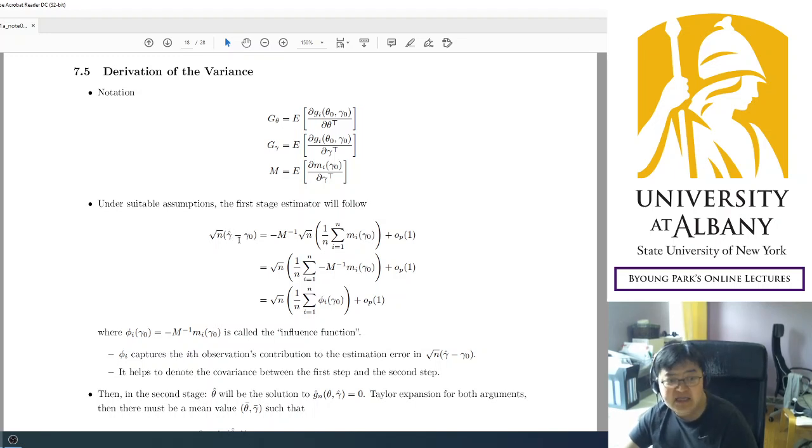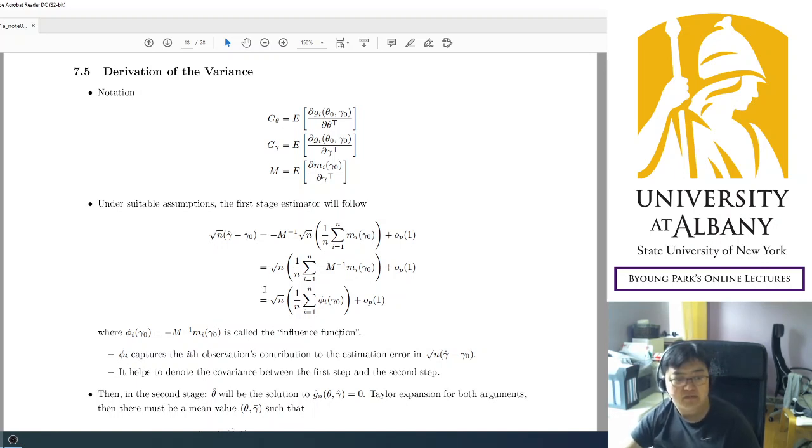So the estimation error is approximately the sample average of this. And we may interpret this phi I as the ith observation's contribution to the estimation error, right? So it depends only on the ith observation and gamma. So it is very useful information to study the estimation error from the first stage estimator.